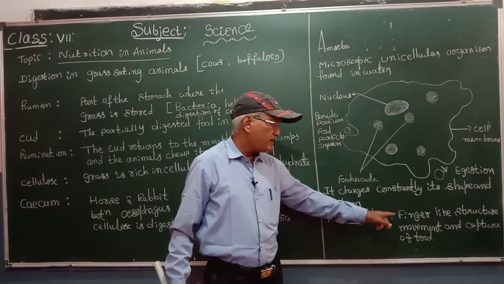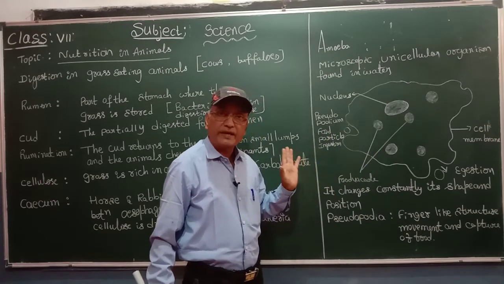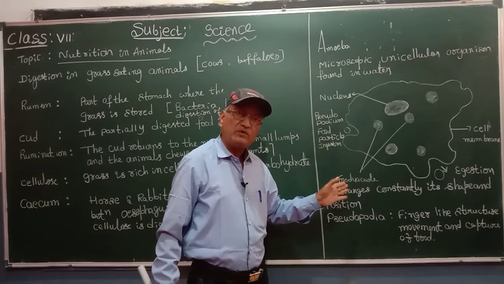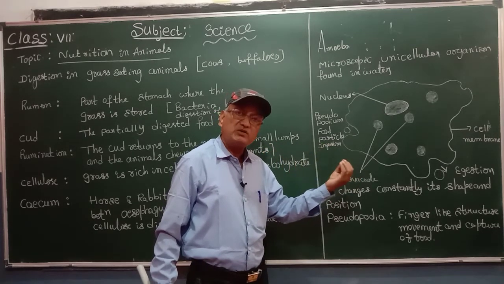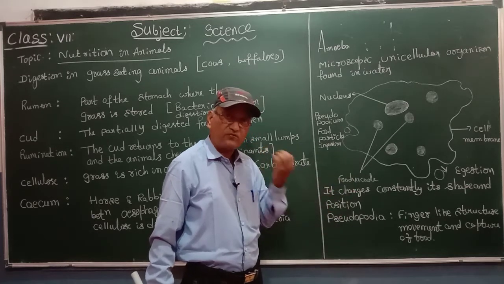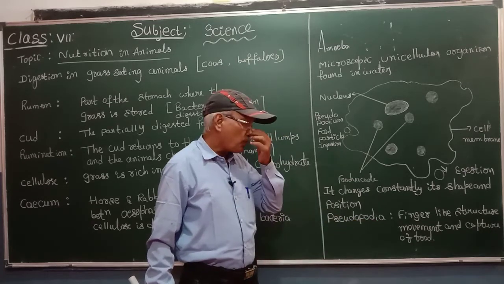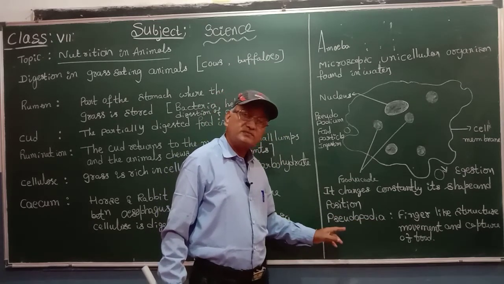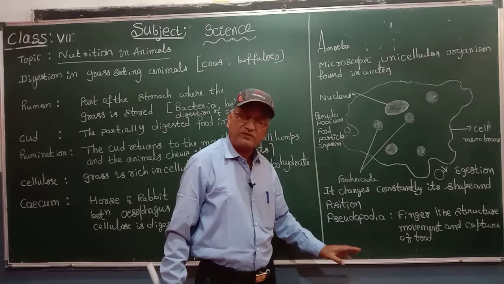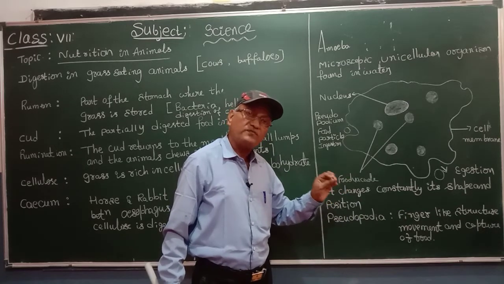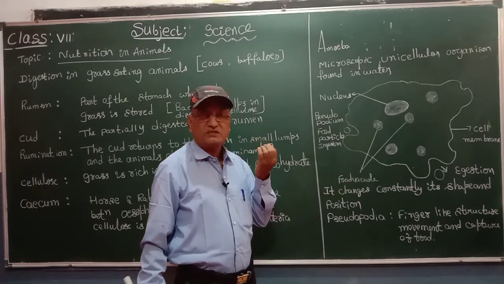Finger-like structures are present in amoeba that help this organism to capture food, and they also help in the movement of the amoeba. The food is captured through pseudopodia. These finger-like structures help in the movement of the organism and to capture the food. Is it clear, my children?